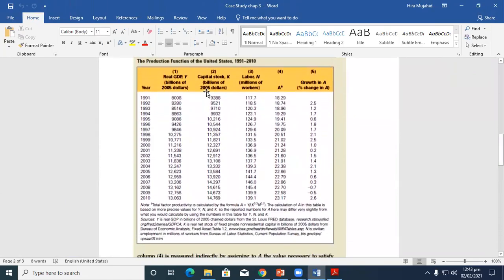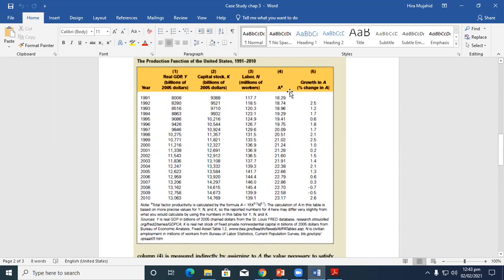Columns 1, 2, and 3 show output, capital stock, and labor of each year. Real GDP and capital stock are measured in billions of 1992 dollars, and labor is measured in millions of employed workers.